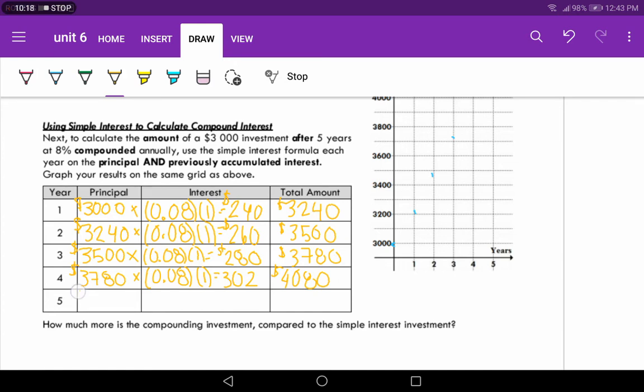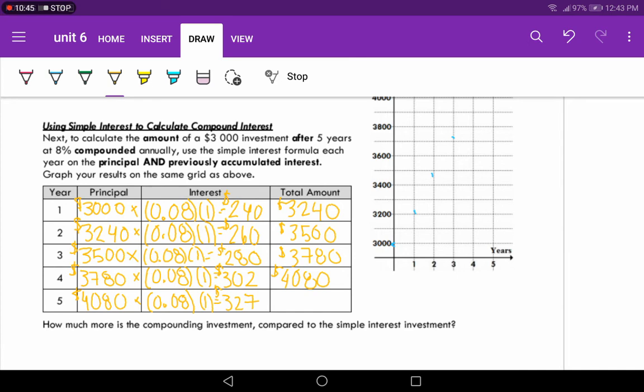Okay, that becomes my new principal. $4,080 times 0.08 times 1. This time I'm making $327. Okay, and these numbers might be slightly off again if you're following along, because when I initially did it, I didn't round to a whole number.